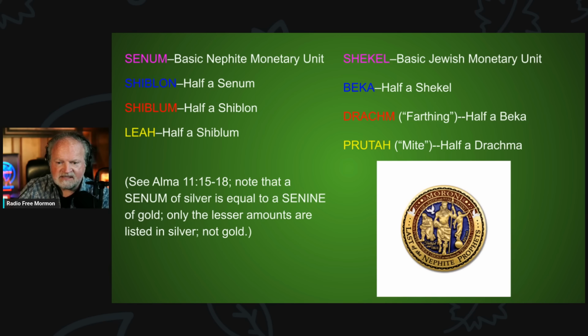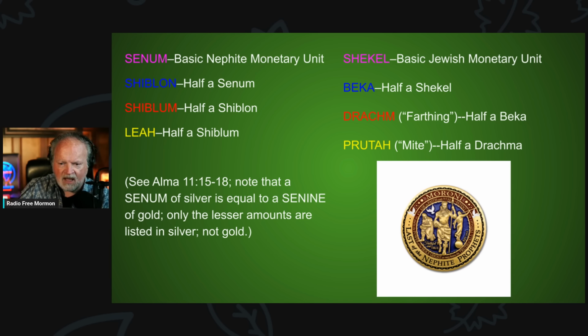So here is a slide that corresponds between the Nephite units and the Hebrew units in Adam Clarke. You have the senum, which is the basic Nephite monetary unit in silver, corresponds to the shekel, which is the basic Jewish monetary unit. Over here in the Book of Mormon, you have shiblon, which is half a senum, corresponds to a bekah in Hebrew, which is half a shekel.